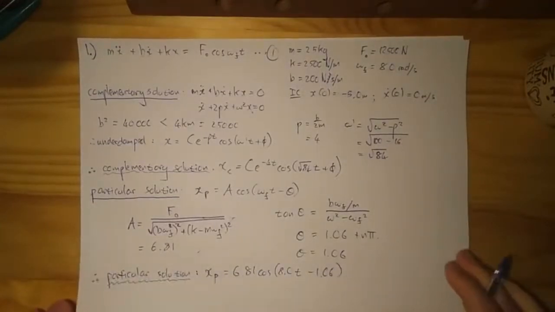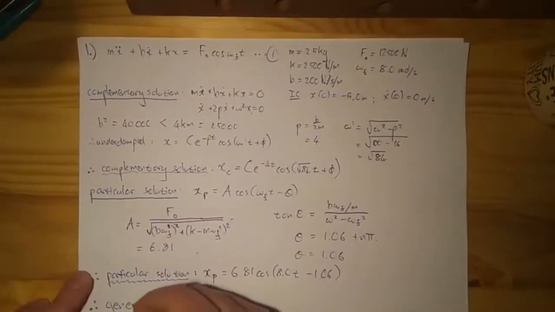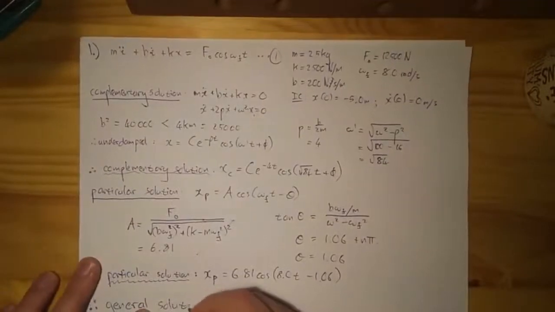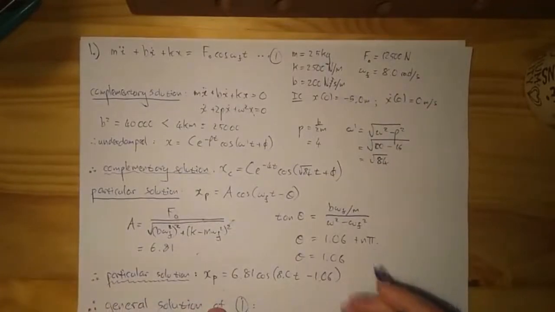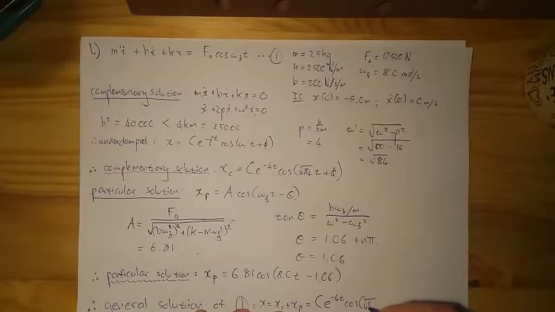All right, so thus the general solution of 1 is the sum of these two: x equal to xc plus xp, equal to c e to the minus 4t cosine(square root of 84 t plus phi) plus 6.81 cosine(8.0 t minus 1.06).